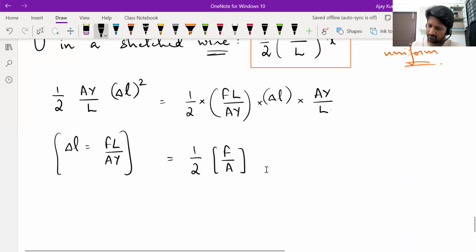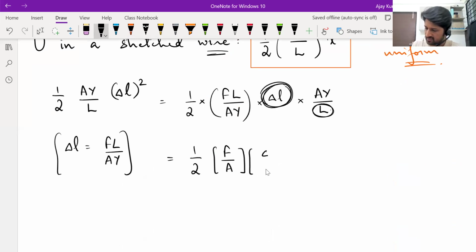So half F by A is stress. Next, this delta L and this L. Delta L by L, that is strain, elongation divided by the natural length. And what remains? Area of cross section can be cancelled. Young's modulus can be cancelled. Okay, wait, area of cross section cannot be cancelled.